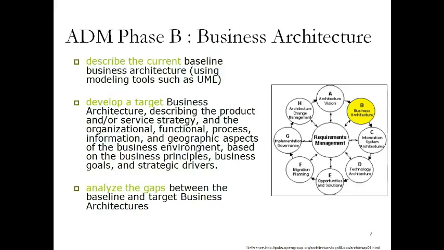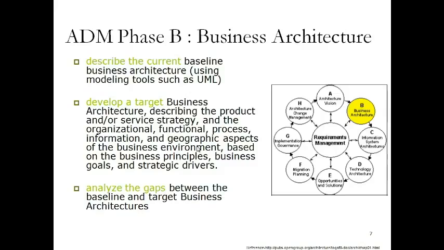So you need to know what the target is, and you have to take into account all the different parameters or derivatives of this development in this target, anything that could be involved in development. Then we analyze the gaps between the baseline and the target business.